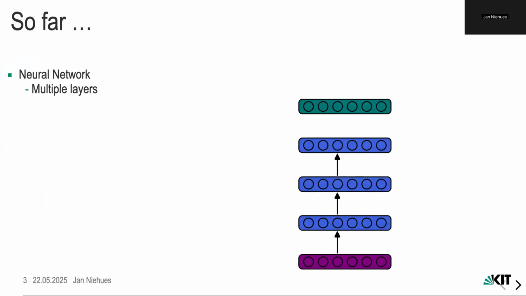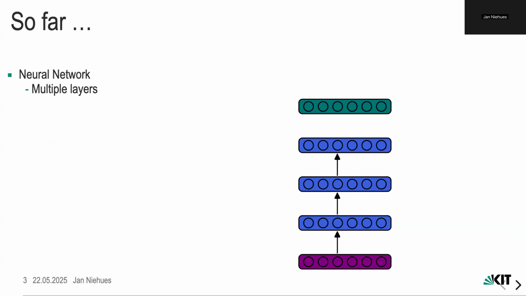So where are we? We are now able to build these types of deep neural networks where we typically have multiple layers. We have in purple here the input, in green the output layer, and in between you can have any type of combination of layers. That can be standard linear layers, but you also saw other things like attention and state space models and everything.